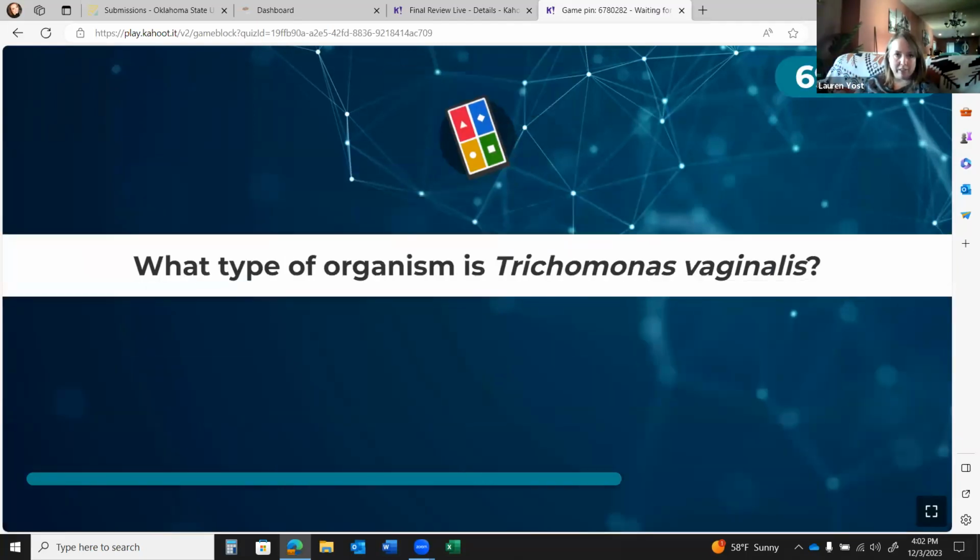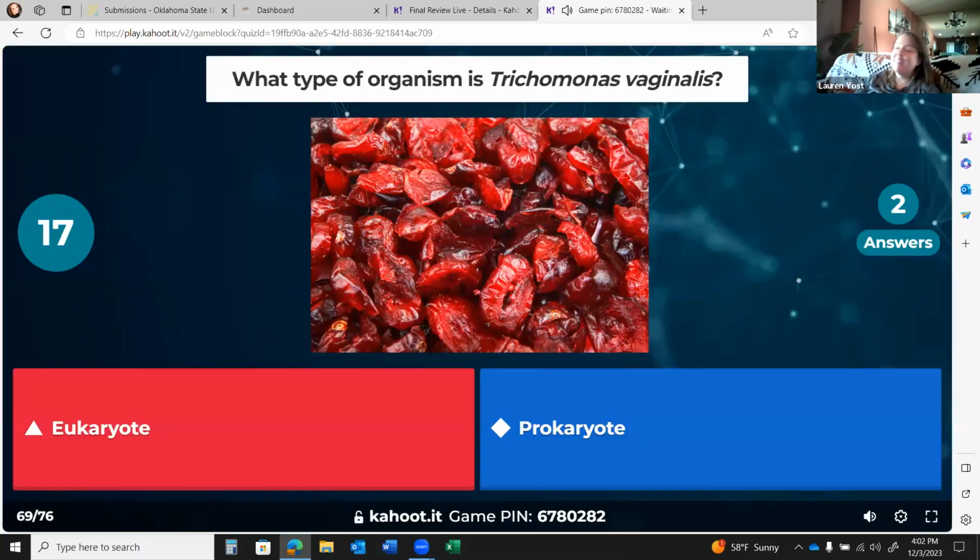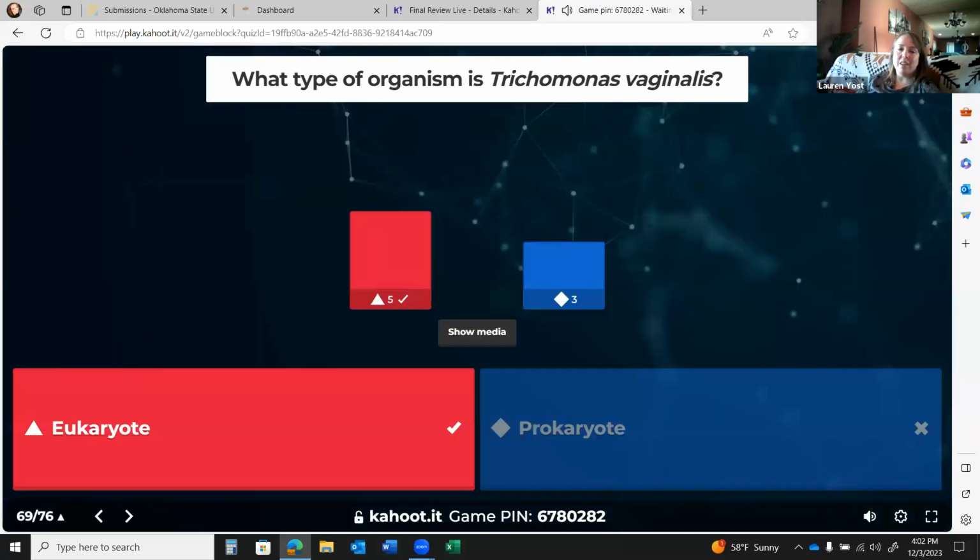What type of organism is Trichomonas vaginalis? Let's see if you remember what I said. I'm pretty sure the next question is the more specific version of it. Yeah, so this is a eukaryote, a proper eukaryote.